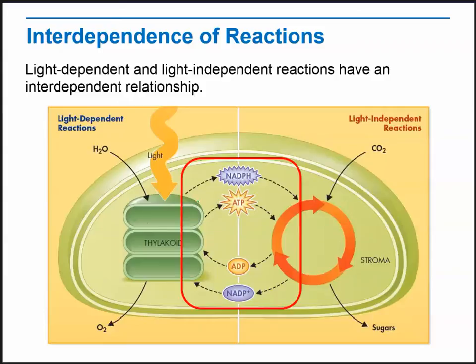The energy that's given off in the light-dependent reactions fuels the light-independent reactions. Notice also that NADP is cycled in this process, and ATP gets recycled as it's broken down into ADP and then built back up again. So it's a cyclical nature. And that is the process of photosynthesis.